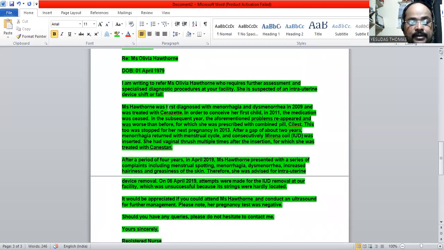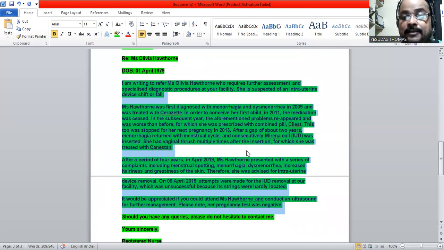Now, the matter is clear. We have completed the letter. The body of the letter goes around 209 words. Because we have expanded somewhere, we could have made it under 200 words.